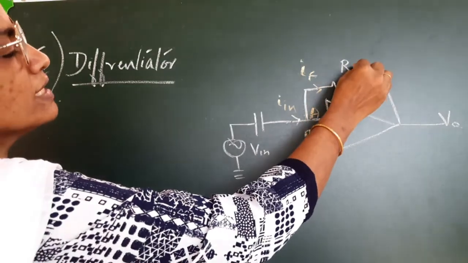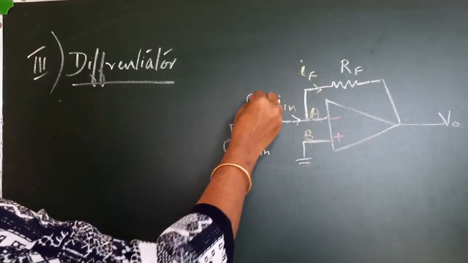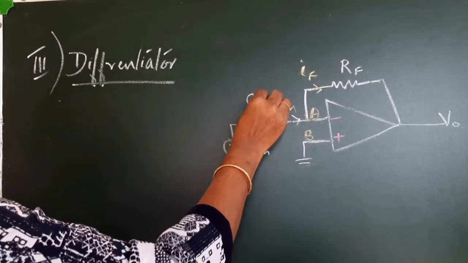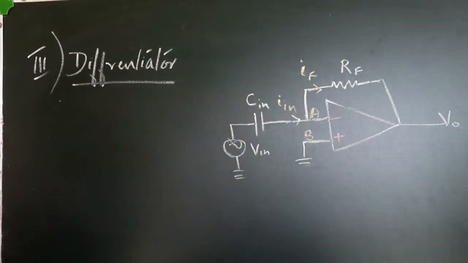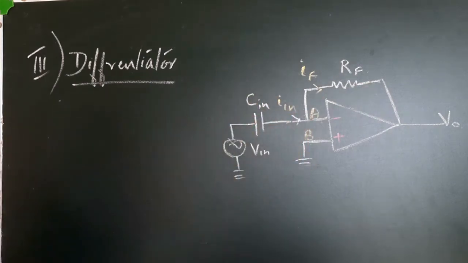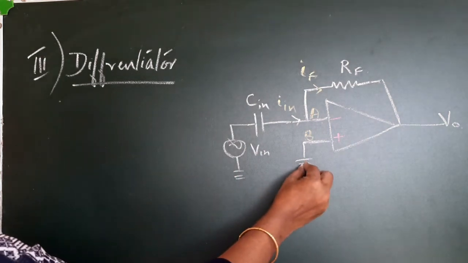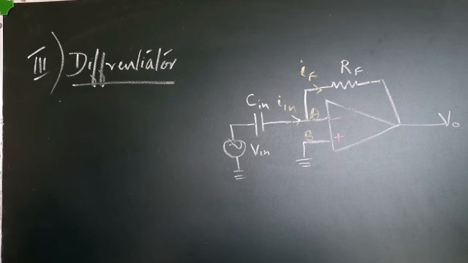I'll call this RF, the feedback resistor. This is the capacitor C in, the input capacitor. So what we have done is exchange the positions of the capacitor and resistor in order to make an integrator into a differentiator.